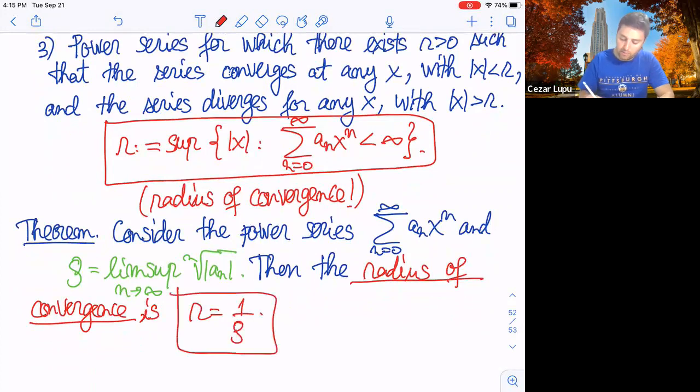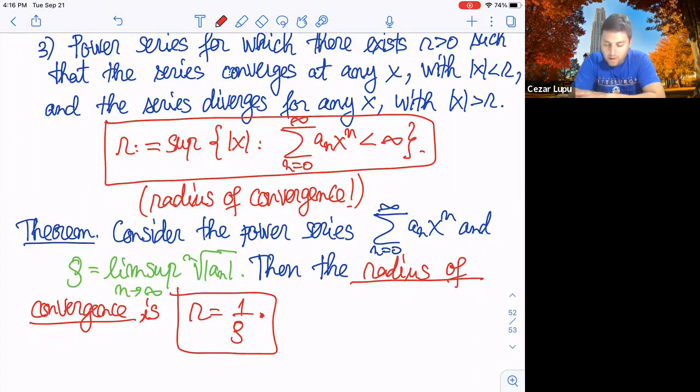This is how we compute the radius of convergence. Of course, you can apply the ratio criterion, or instead of computing the limsup of the nth root of the absolute value of a_n, you can compute the limsup of the absolute value of a_(n+1) over a_n. So basically, it's the same thing.